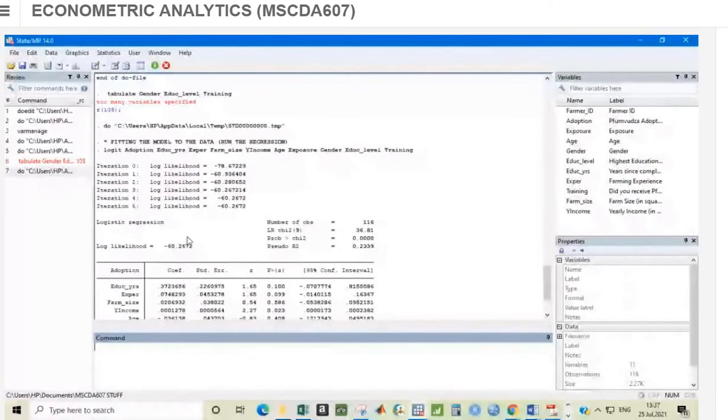So it is increasing. You can see it going up until it no longer changes. You can see here from 4 and 5, the log likelihood is the same. So it will take the fifth iteration as the final maximum log likelihood.